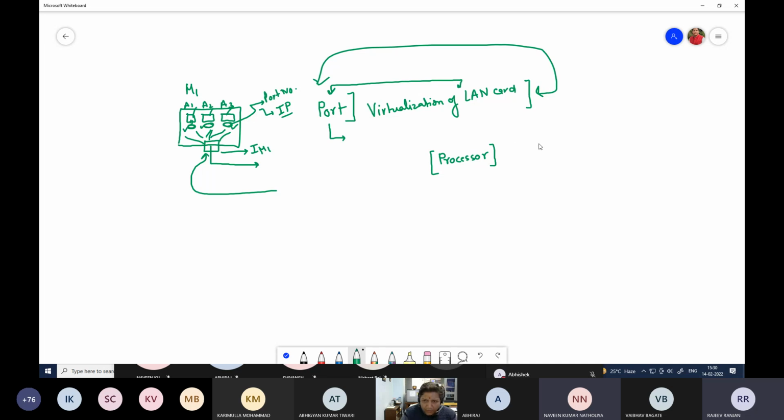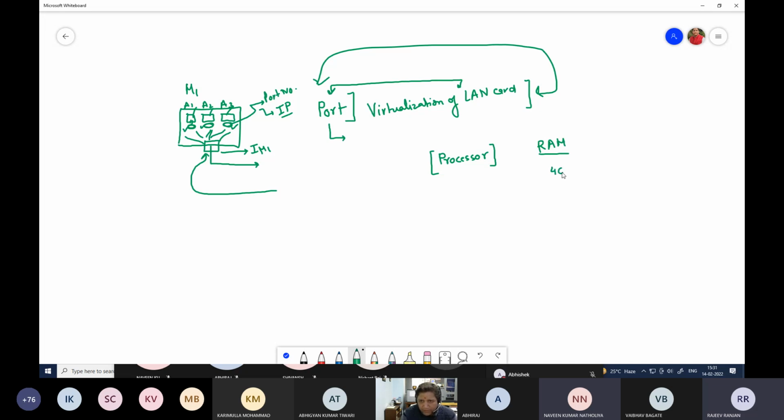What is the abstraction of your RAM? Karimullah? What do you mean by abstraction of RAM? That's what happens when you forget everything from the previous semester. Now let me elaborate this.